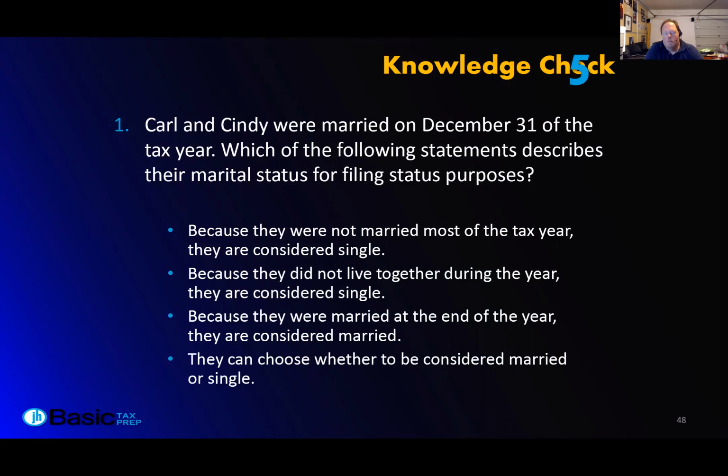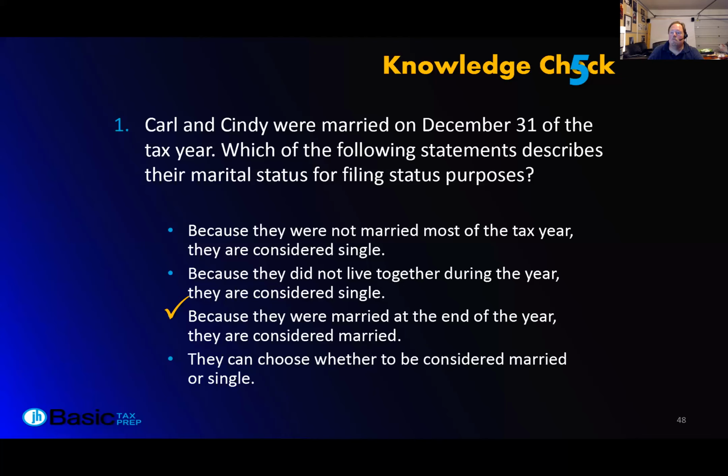Nope. Okay, because they were married at the end of the year, they are considered married. That sounds like a probability to me. They can choose whether to be considered married or single. Guys, that is not a choice. Okay? They can choose whether or not they get married, but they can't choose once they've done it. So, by elimination, because they were married on December 31st at the end of the year, they are considered married.